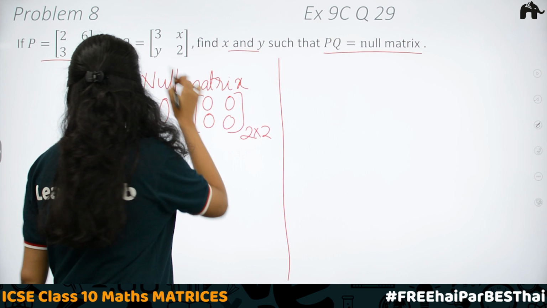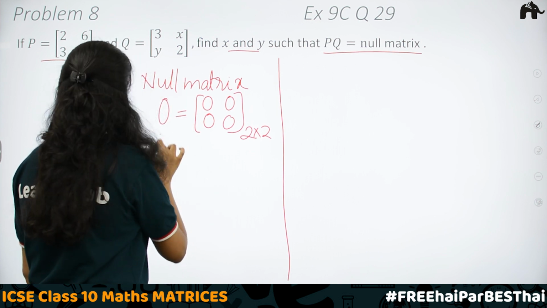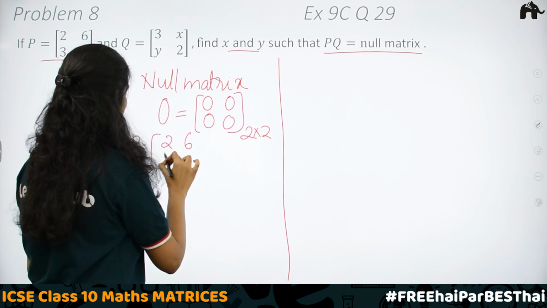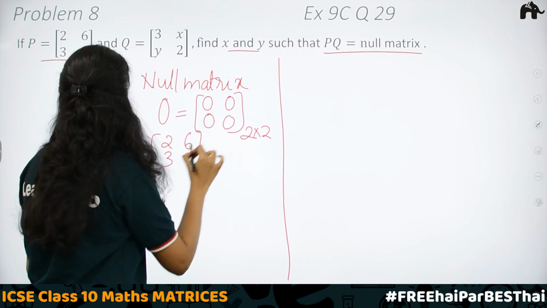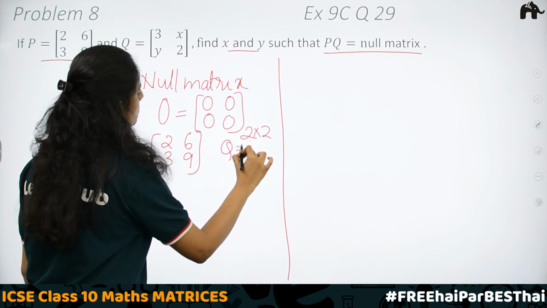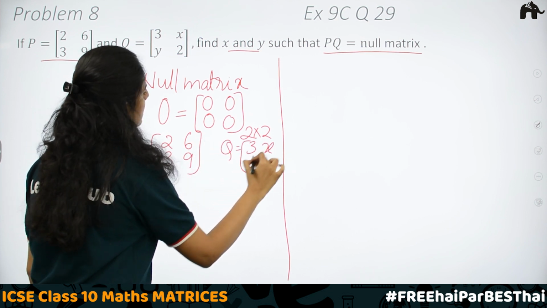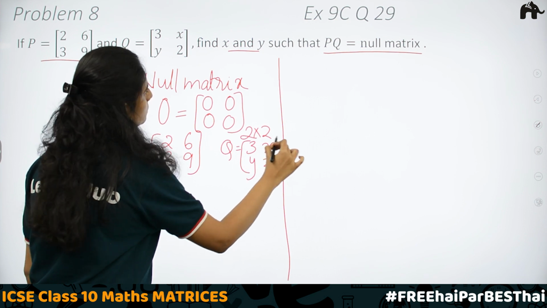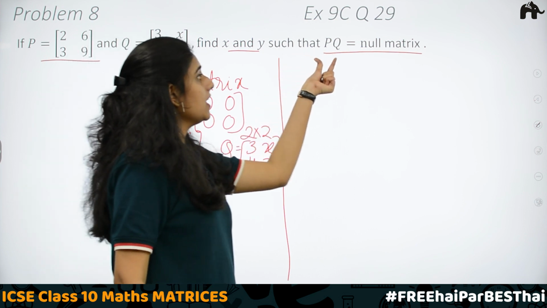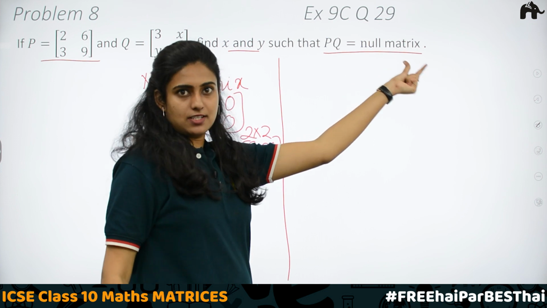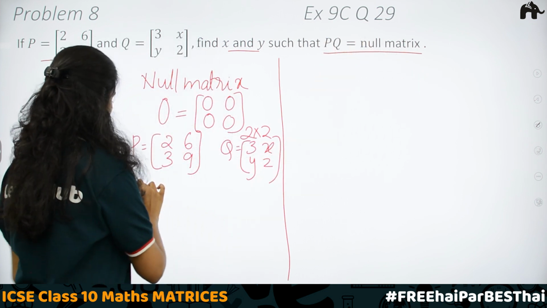Now here we have P is equal to [2, 6; 3, 9] and Q is equal to [3, x; y, 2]. We are given that PQ is equal to null matrix. We will find what PQ is.